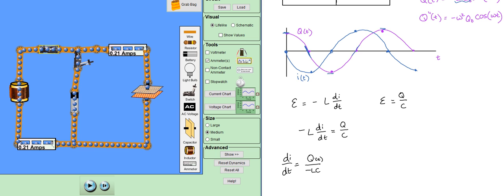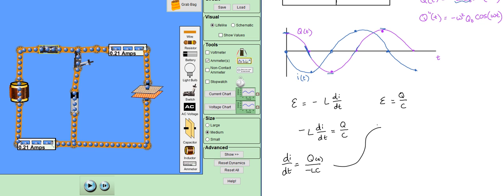Well, we know I of t is dq dt, so di dt is the second derivative of q. Let's go ahead and write that in this form.